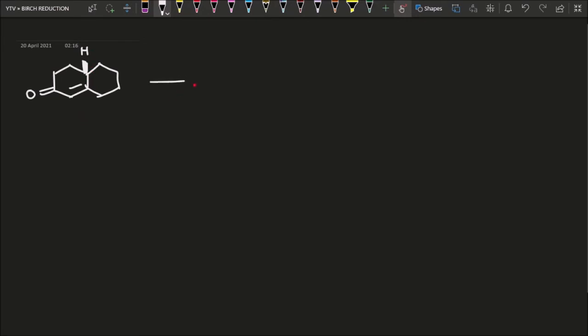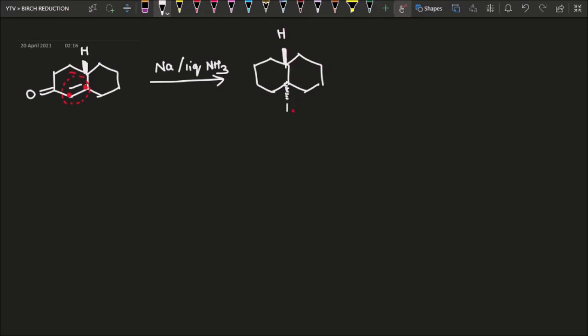Now when I am adding sodium metal dissolved in liquid ammonia, just now we saw that this double bond that is present over here is going to get reduced, right? And there is going to be a hydrogen added over these two carbons. Now the hydrogen that is going to be added to the junction, so this is a decalin system, so the hydrogen that will be added is going to be added as trans decalin. So if this hydrogen is present on the wedge position, the hydrogen that is added over here will come in the dash position, and there is going to be a double bond O. So trans decalin is going to be formed.